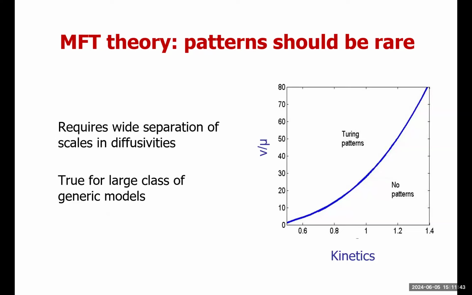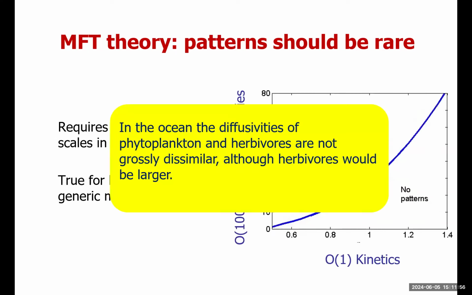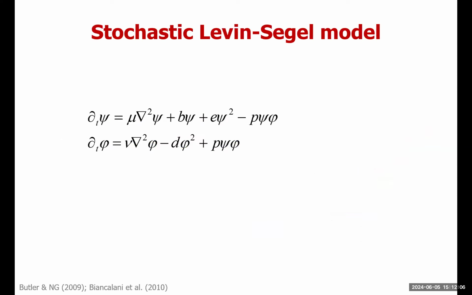So the mean field theory, which is what it is, a deterministic set of partial differential equations, requires a wide separation of scales and diffusivities. This is not true, and so this doesn't really explain what you see in the ocean.